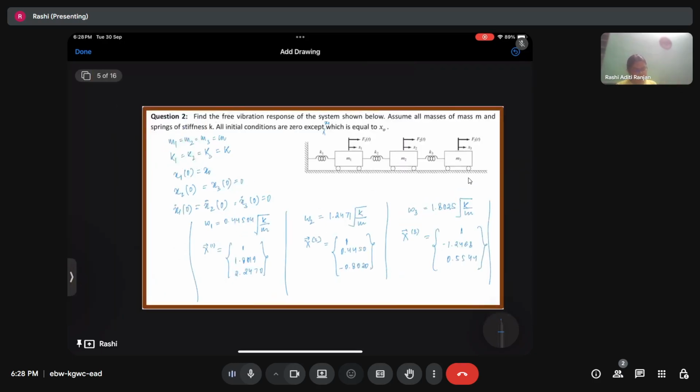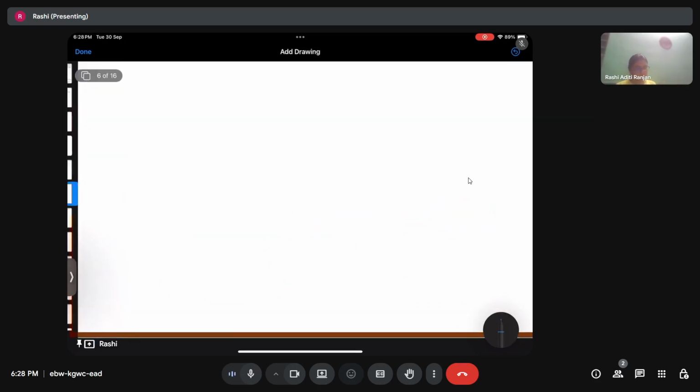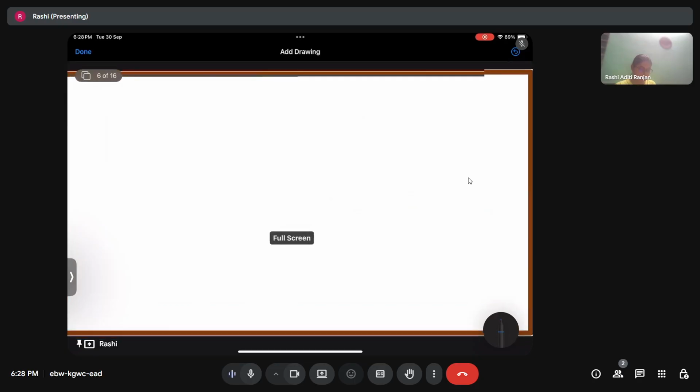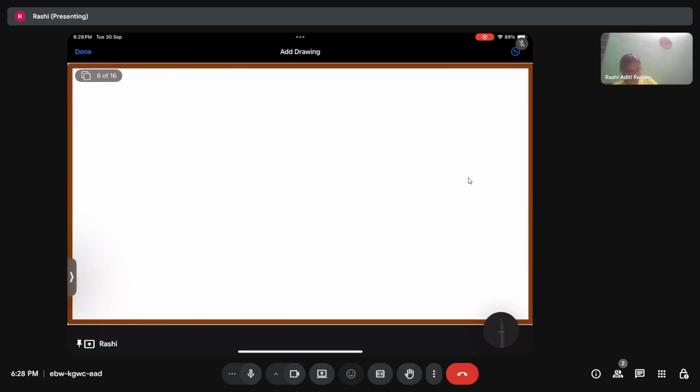So for a 3 degree of freedom system, we can write the general solution in a generalized form as x of t equals summation i from 1 to 3 of x of i a i cos of omega i t plus phi i.